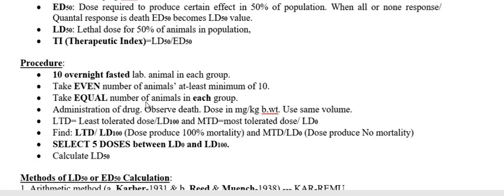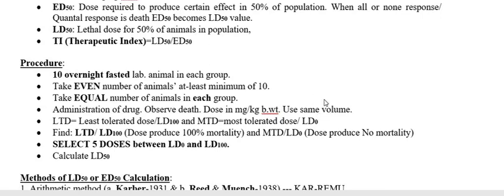After the administration of the poison or toxicant, we observe the mortality of the animals. The dose, as I mentioned, should usually be in milligram per kg weight of the animal. While administering the poison or toxicant, the volume must be the same. This is very important.